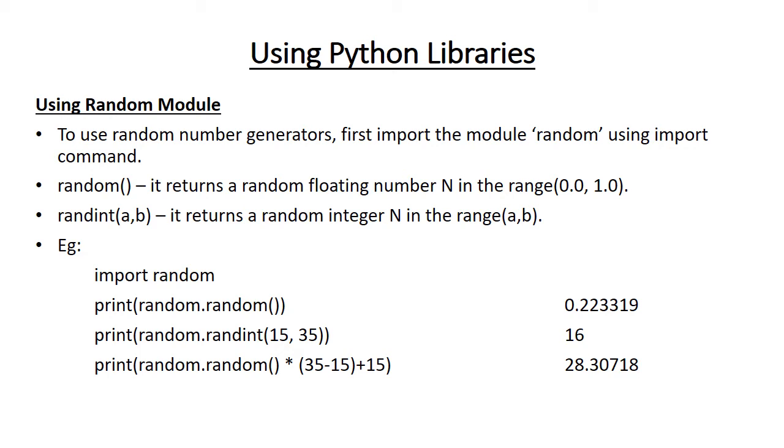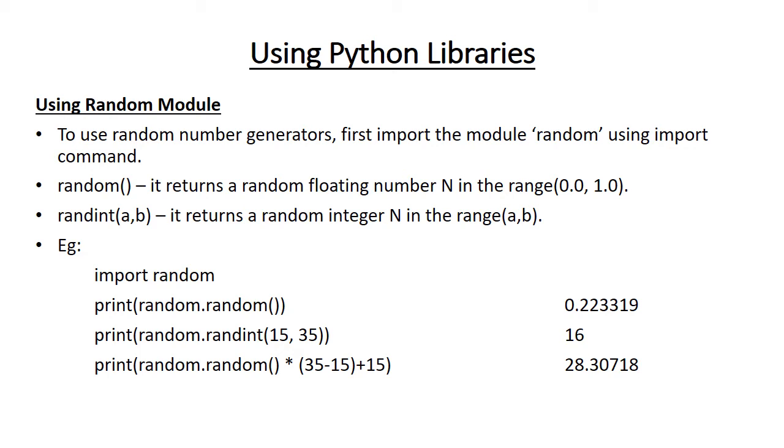Using the random module. To use random number generators, you have to first import the module random using the import command. The random function returns a random floating number n within the range 0.0 to 1.0, with 1.0 excluded.